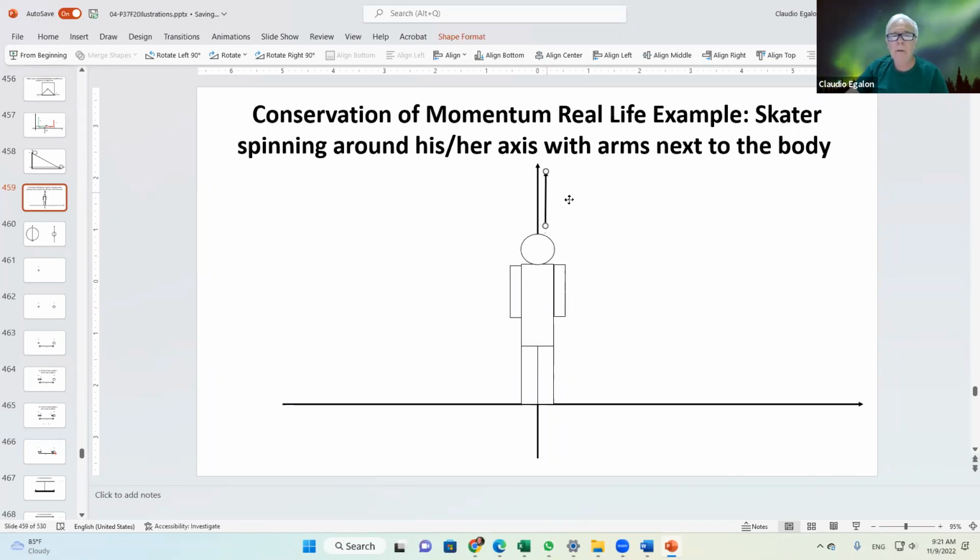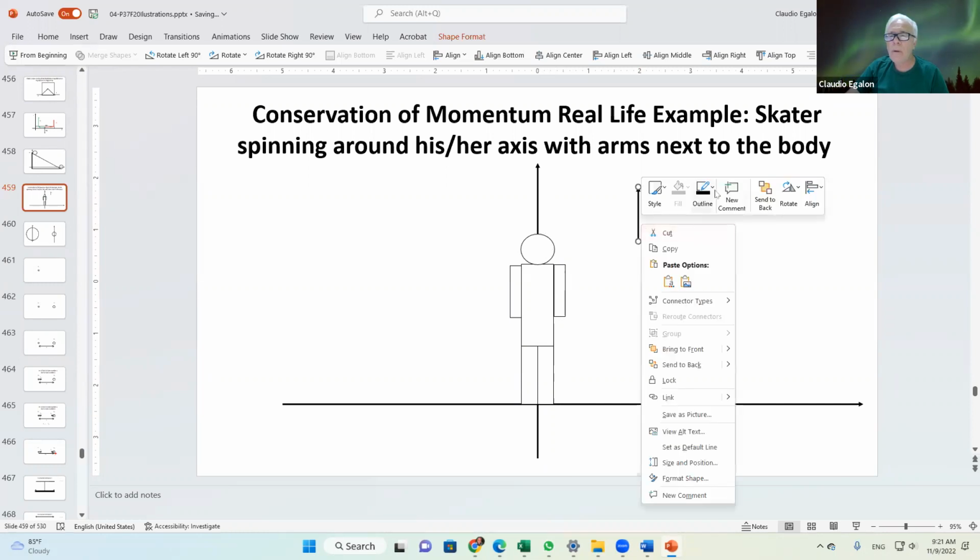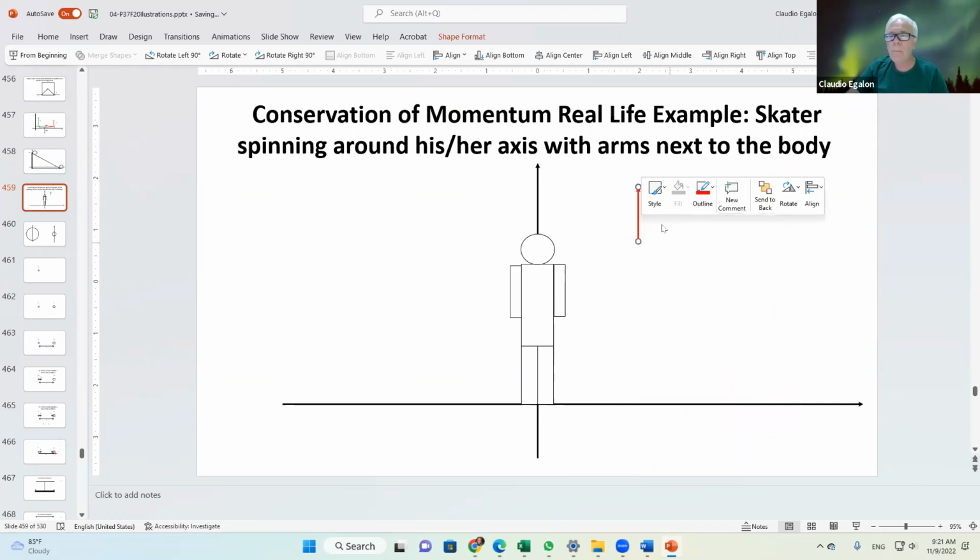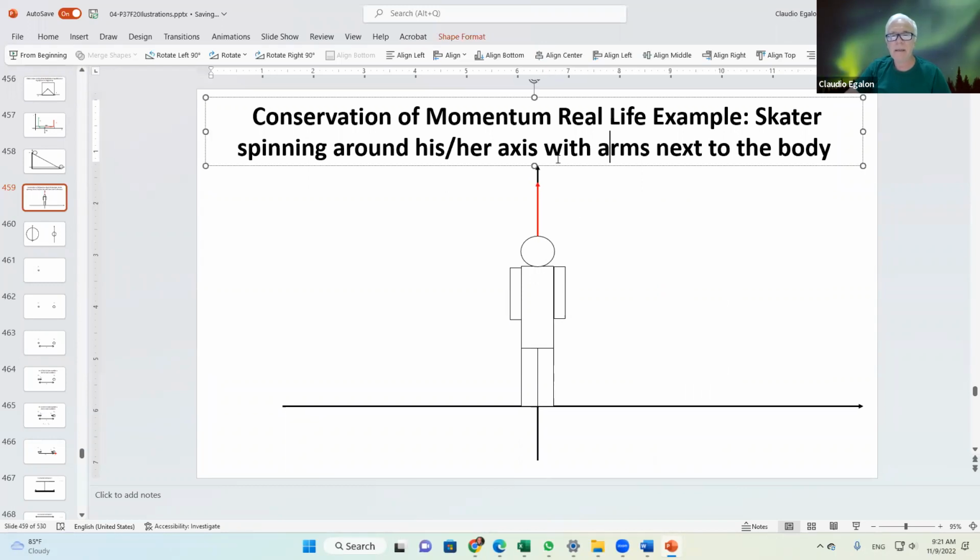And here you go, I'm going to denote the angular velocity of the skater.